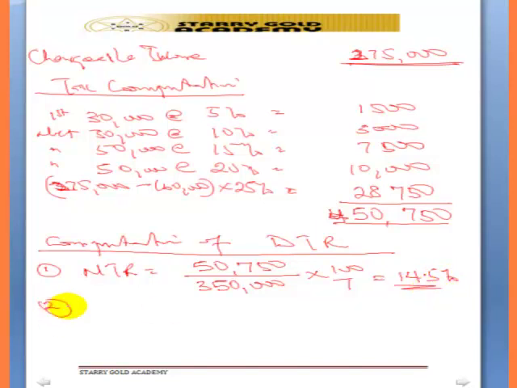Next is to compute the Commonwealth rate, and the Commonwealth rate is the foreign tax paid, 5,000 over foreign income, 100,000, times 100 over 1, and this is 5%.